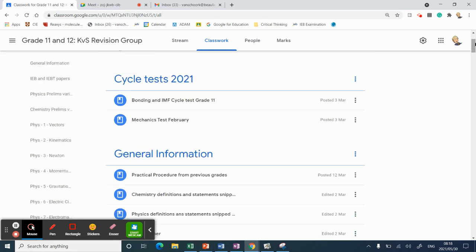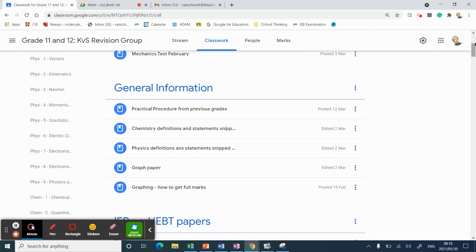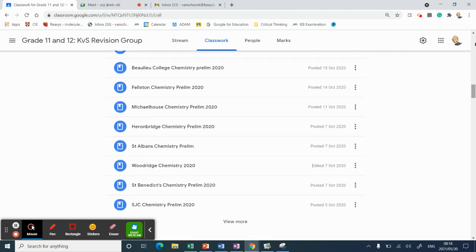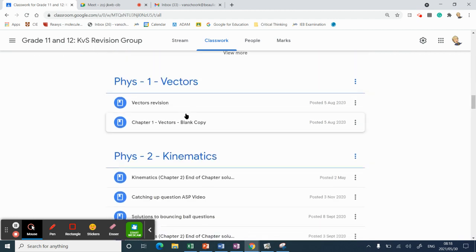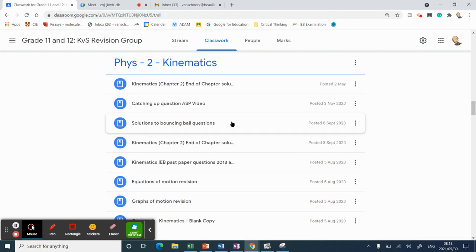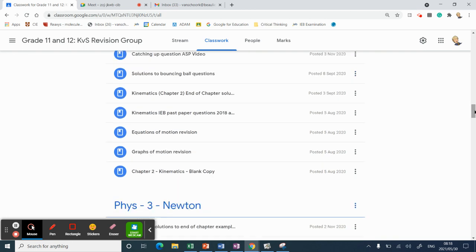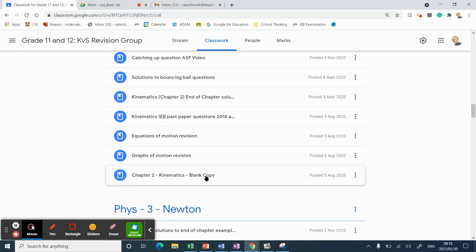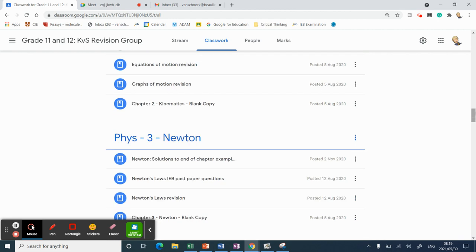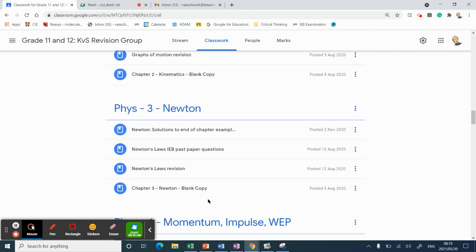It's the revision group, divided in topics as the questions come in the finals. You will see all the notes for vectors, all the notes for kinematics, and under kinematics, the past paper questions that I've just loaded for you. The crash course videos are here, those things that I shared with you last week. Then for each topic, it's like this.